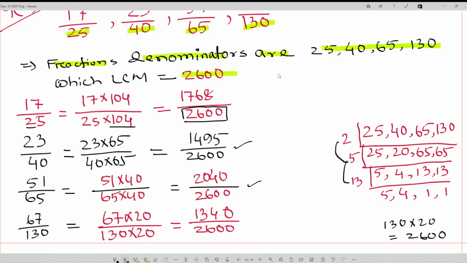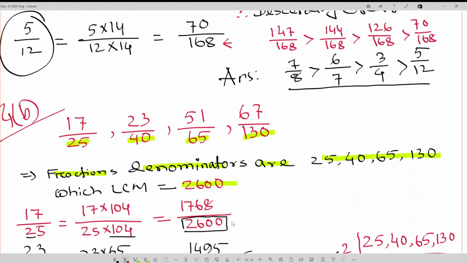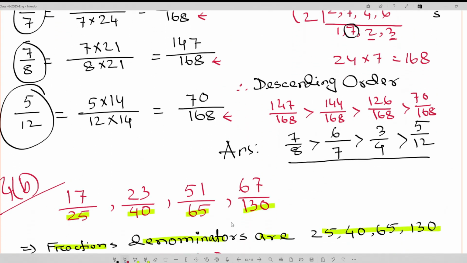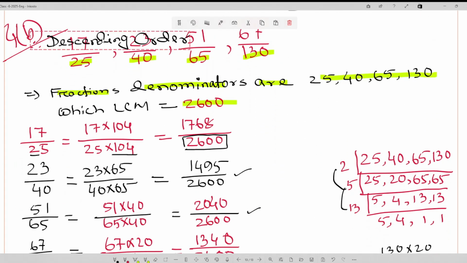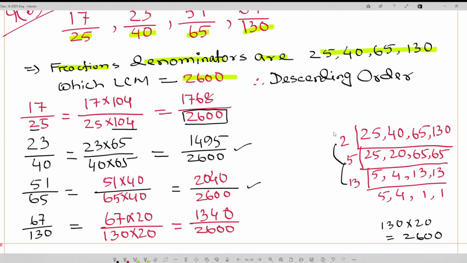Now we will find the descending order. So descending order we can write here. So which one is larger? Look, the larger one is this one, 2040. This is the larger fraction, right? Why?